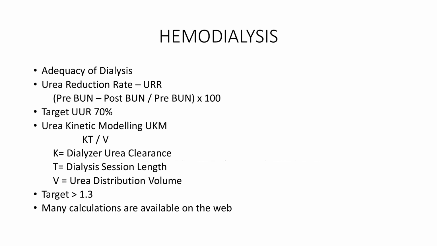If you achieve a 70% urea reduction ratio, it's satisfactory. And then there is a sophisticated method of urea kinetic modeling, KT/V, where K is the dialyzer urea clearance, T is the session length, and V is the urea distribution volume. The target KT/V is 1.3, and to calculate KT/V, many calculators are available on the net. You just have to feed in the values.